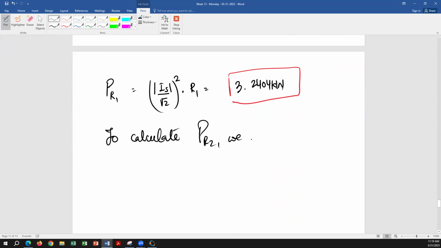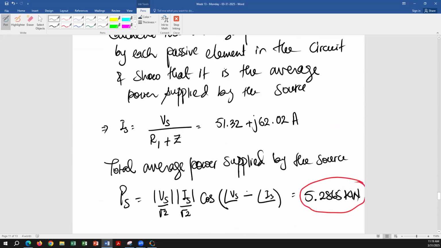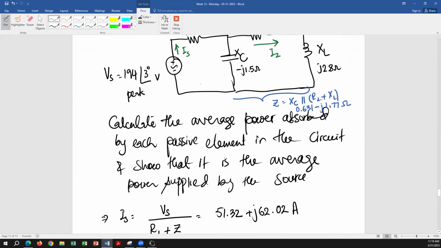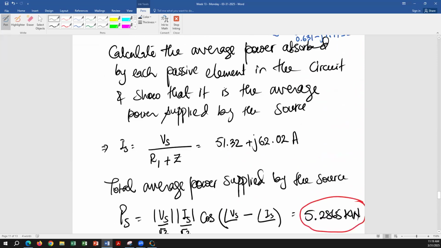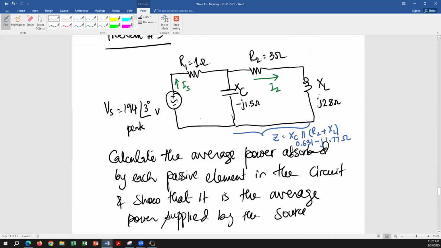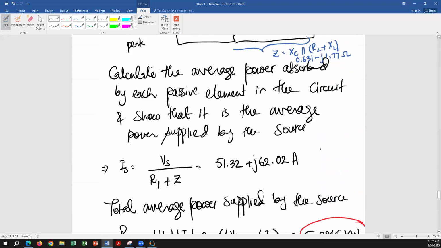I2 is equal to the total current times the equivalent impedance that we had already calculated, Z, the equivalent between XC and R2 plus XL, divided by R2 plus XL, because we are trying to find the current passing through the series combination of R2 and XL.